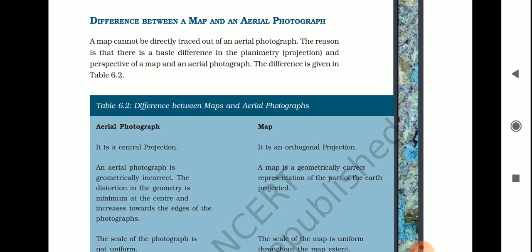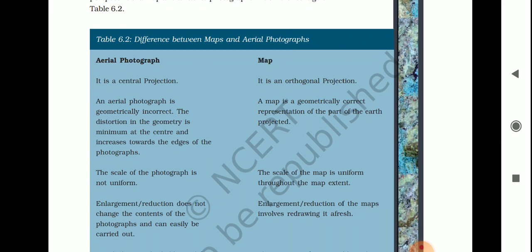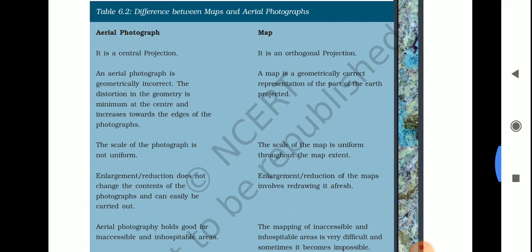The reason is that there is a basic difference between an aerial photograph and a map. First, aerial photographs are central projection and maps are orthogonal projection. So an aerial photograph is geometrically incorrect, but a map is geometrically correct because we have the correct scale, right?